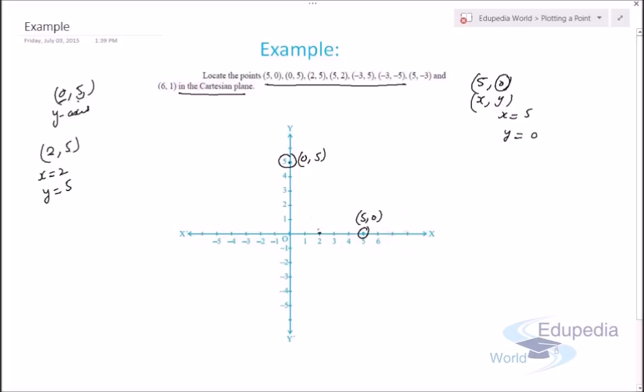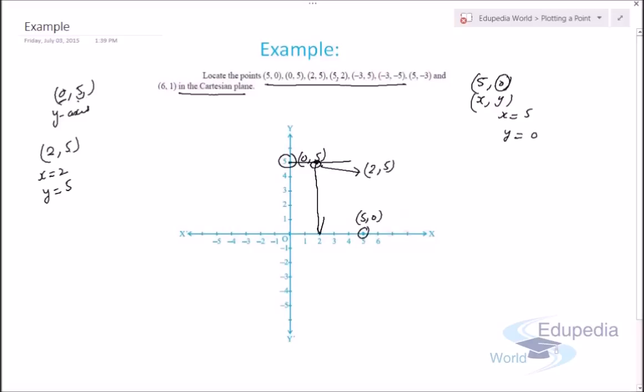We have to draw a line like this and this. The point where they intersect, they are intersecting here. So this point is 2 and 5.